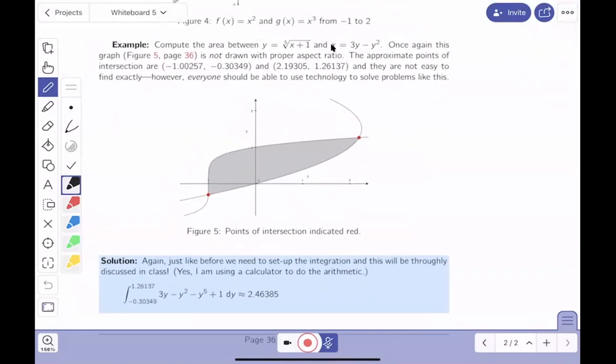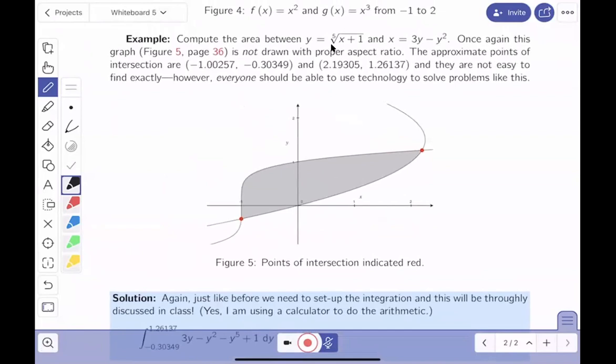This one over here. And again, I want to point out to you that this is a problem where they say compute the area. I got to visualize this. They give me a picture. I'm going to visualize for you. I got this one, and I got this one to visualize. Which one of those two curves you think might be easier to visualize?